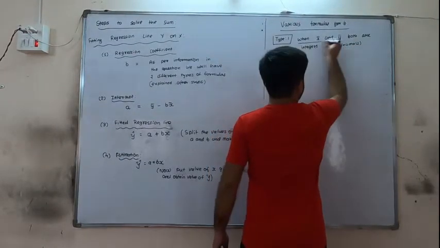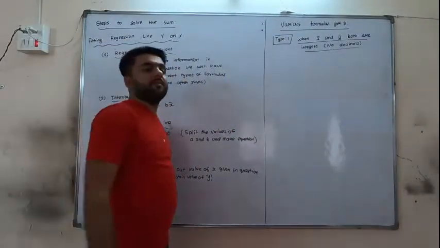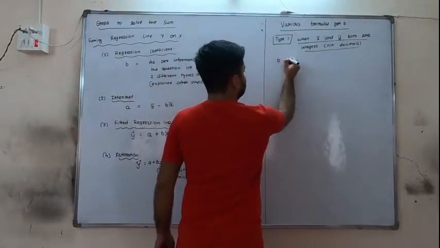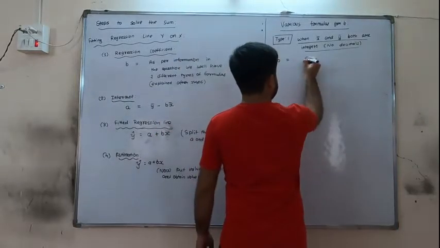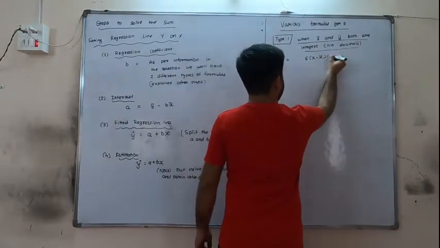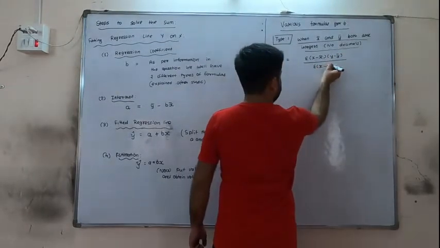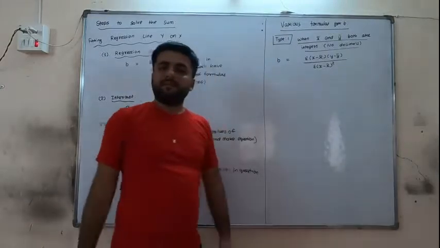Same as chapter number 2, type 1, the x minus x bar method, the same formula is used, but with a little change. b is equal to sigma x minus x bar multiplied by y minus y bar, upon sigma x minus x bar square.